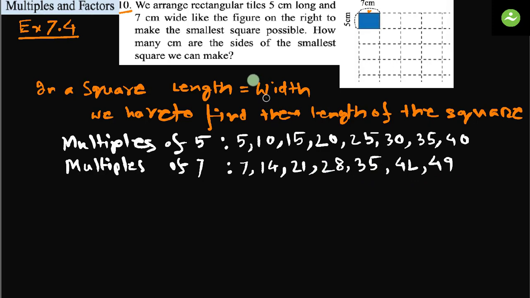Okay. We must remember, we have to get the smallest square. We have to get the smallest square possible.